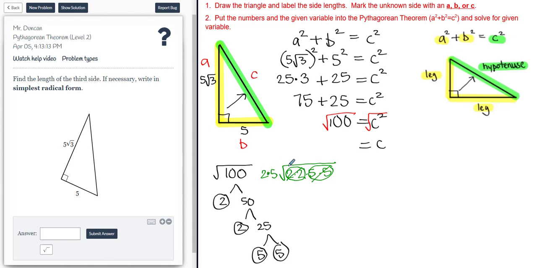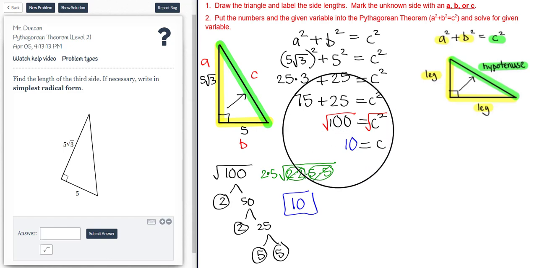So it's really 2 multiplied by 5. And then 2 times 5 would simplify to 10. And again, just to be clear, everything underneath the radical disappeared. So now that I've simplified it to 10, I can say that 10 is equal to C. And then we'll simply box that because that's our final answer, except that I want a box, not a circle. Let's try it one more time.